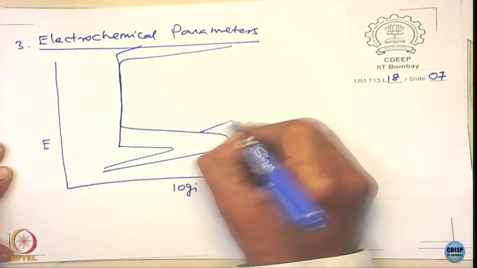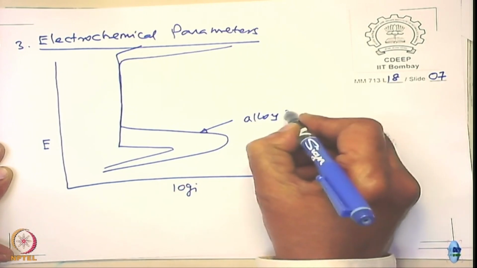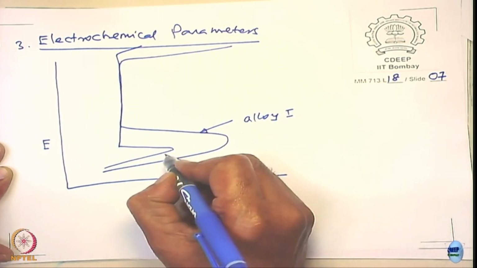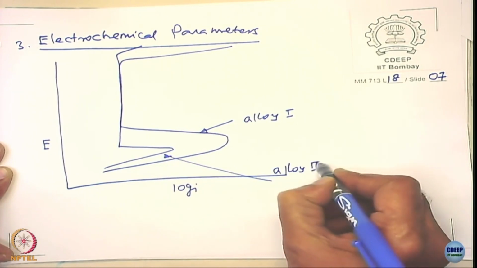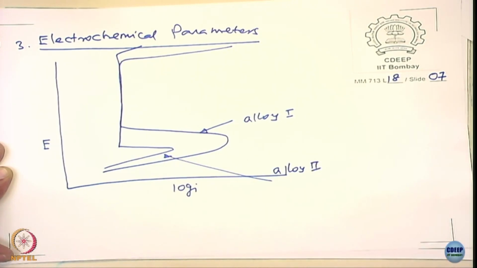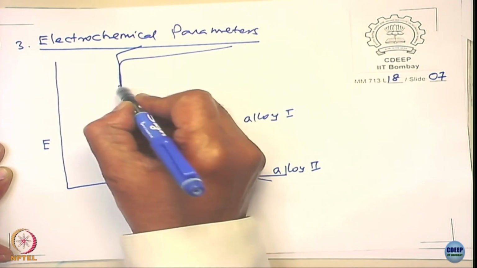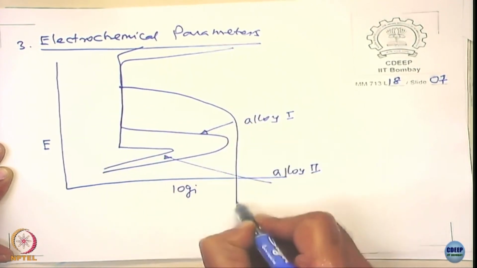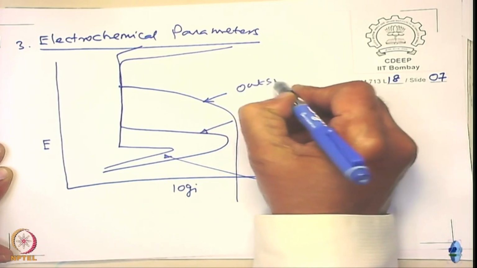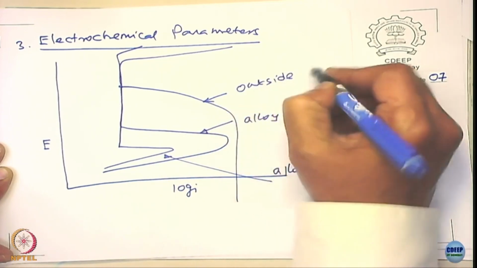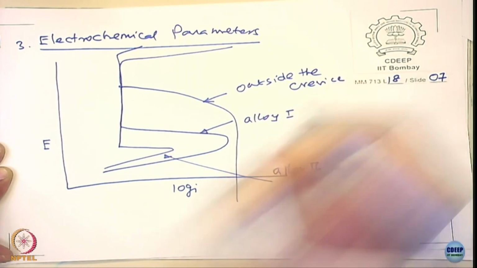This is alloy 1, alloy 2. Now this is outside the crevice, okay.